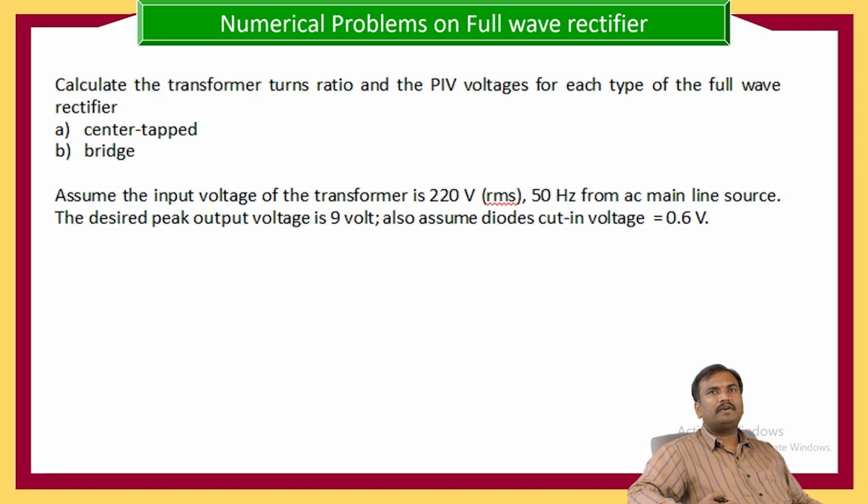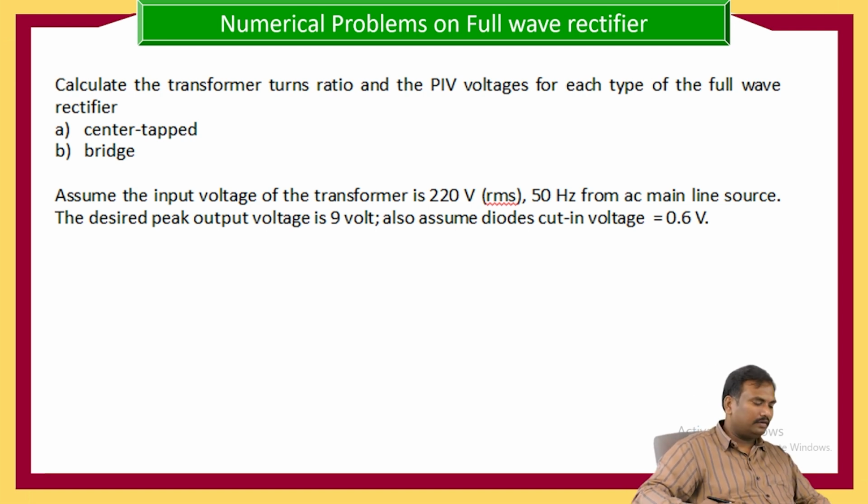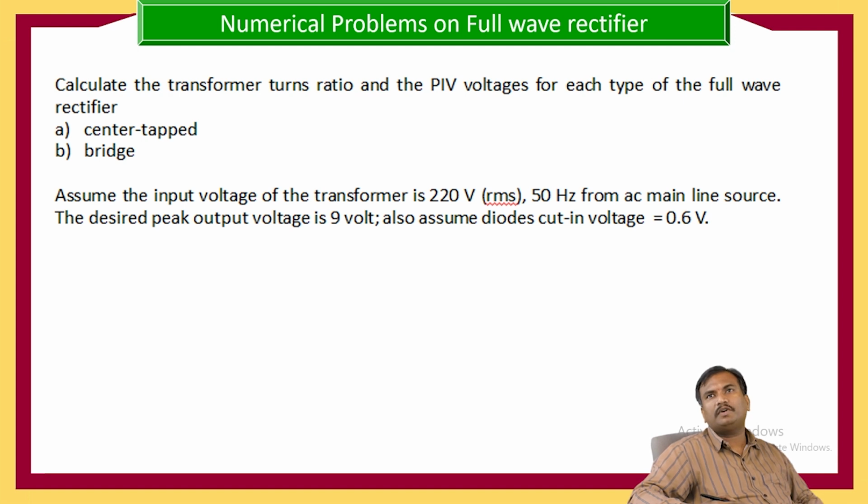Calculate the transformer turns ratio and the peak inverse voltages for each type of the full wave rectifier. In this, we need to calculate the turns ratio and peak inverse voltages for both center tapped and bridge type full wave rectifier.